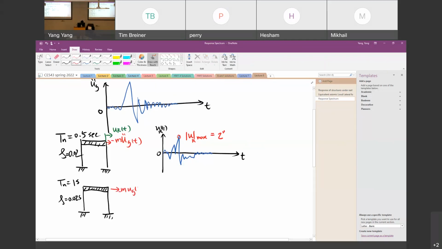We have the same earthquake, and we would like to know the response of this structure. The response may be a little bit different.